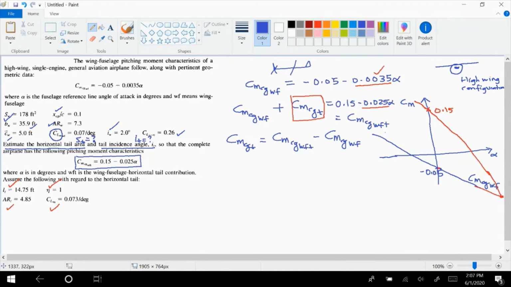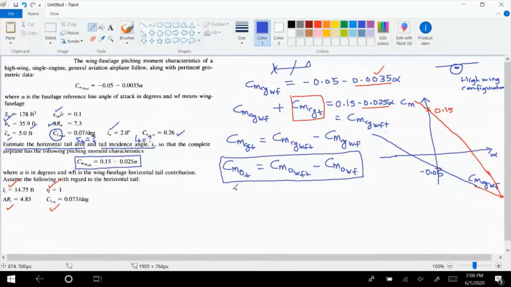I'm going to stop writing cg, because we are only dealing with the moment about the center of gravity here. So this also means Cm0 t equals Cm0 wing fuselage tail minus Cm0 wing fuselage. So this is going to be important for us.